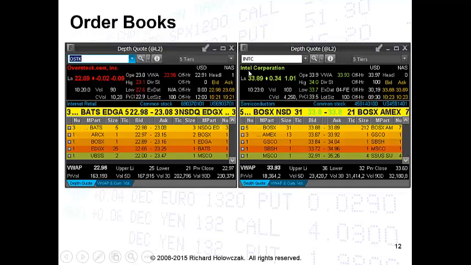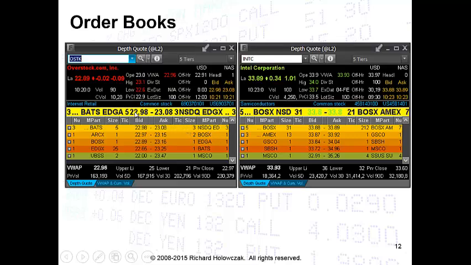If we go back to the prior slide here, we can point out this is a live shot of Intel. We see that it's collapsed to a 1-cent spread. Here the bid is 33.88, and the ask is 33.89. So it's actually a 1-cent spread. So it's a very tight market between buyers and sellers.